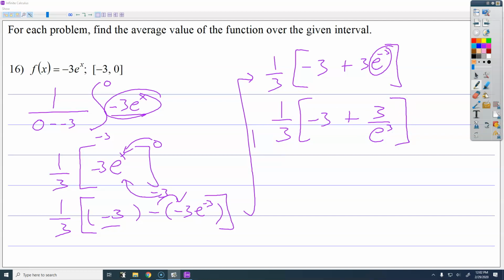Okay, the next thing that we're going to do is I'm going to go ahead and combine this and this together to get a common denominator. So I'm going to put this over 1, and I'm going to multiply the top and bottom by e to the 3rd. And so now I have negative 3e to the 3rd.